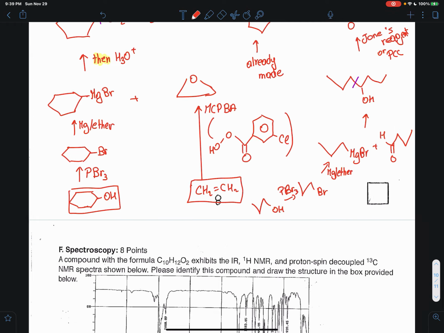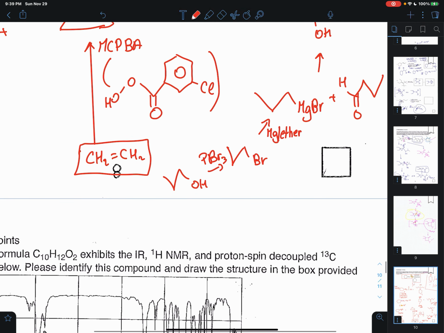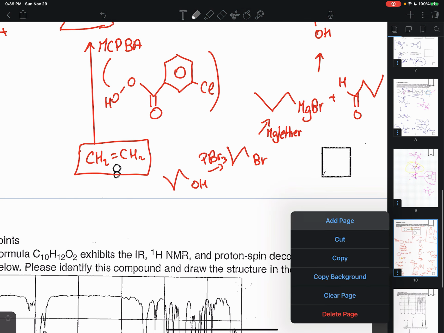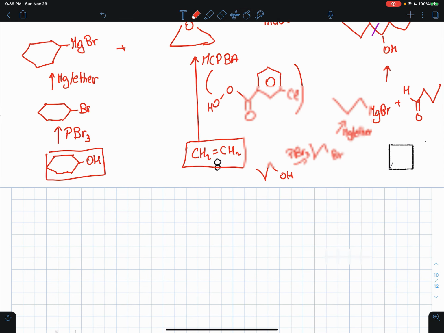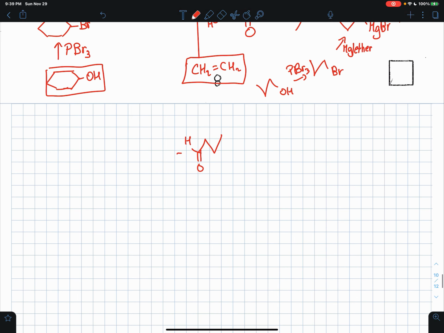Now to form this aldehyde right here, actually let me add a page so we don't have it crammed in there. So to form this aldehyde, I can start with a primary alcohol. 1, 2, 3, 4 carbons. Oh, I keep messing this up. 1, 2, 3. No H right here.